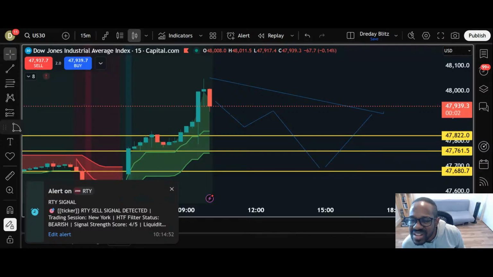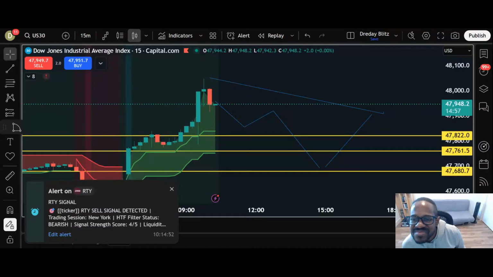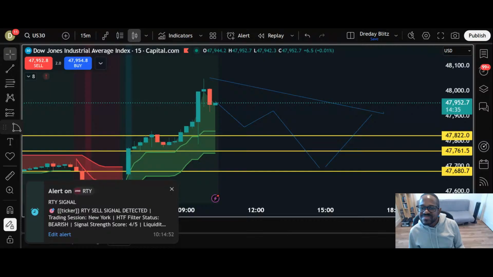Russell 2000 is a sell. Then 15. So Russell 2000 is a sell.